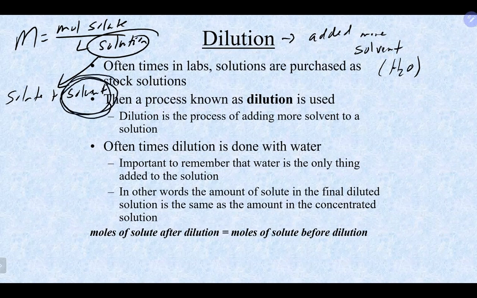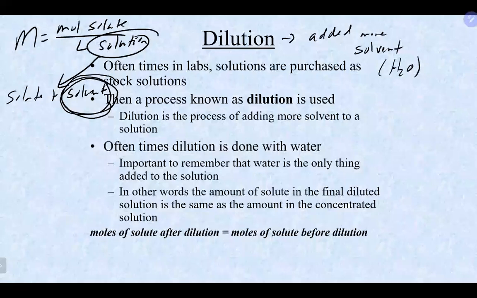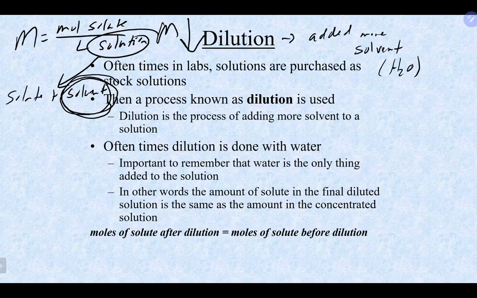So the volume of the solution gets larger, and the molarity goes down, because you end up with a larger number on the bottom divided by the same number on top. So when we dilute a solution, we typically see the molarity come down.